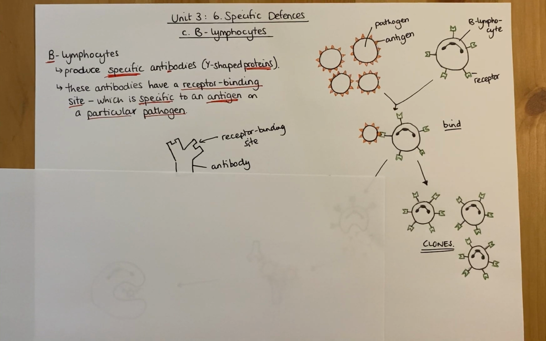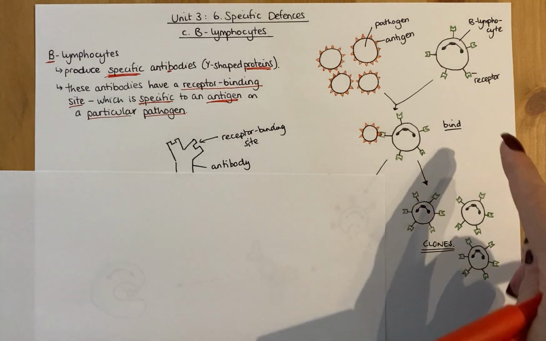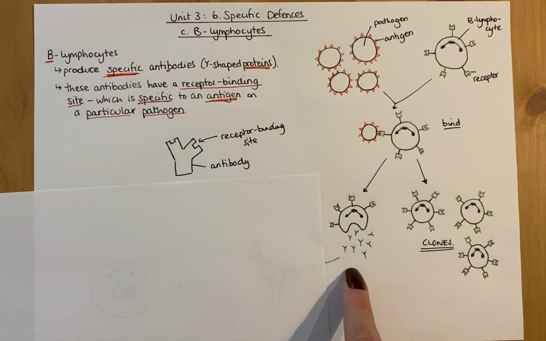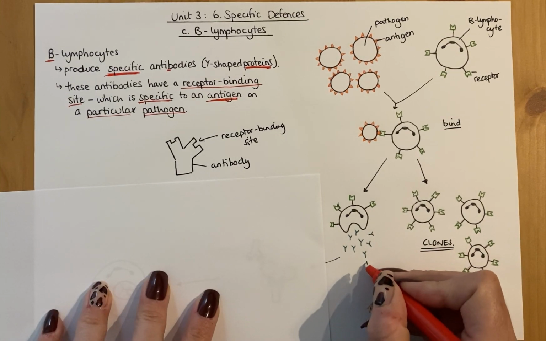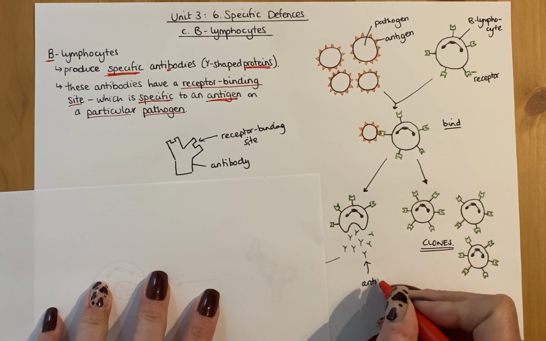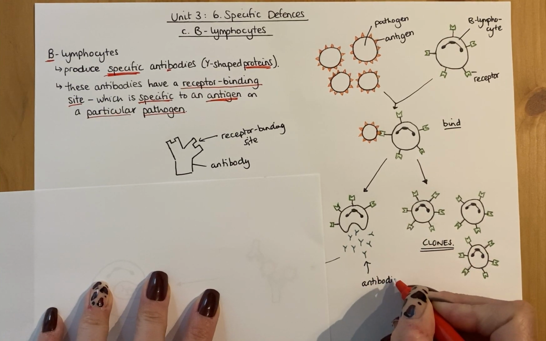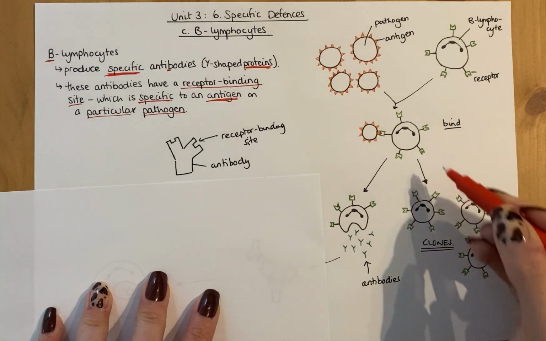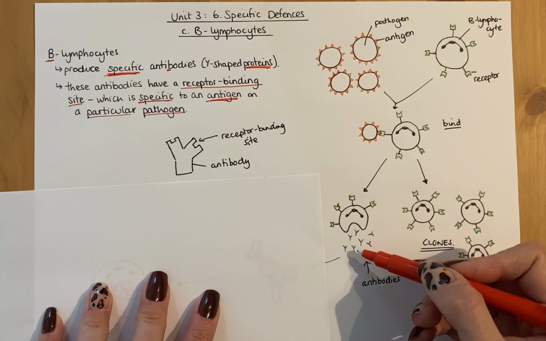As well as that, because these B lymphocytes produce specific antibodies, the cells involved will have to produce those antibodies. These Y-shaped proteins, in a very zoomed out way, are antibodies. So these clones are produced, but also the cell starts to produce antibodies.